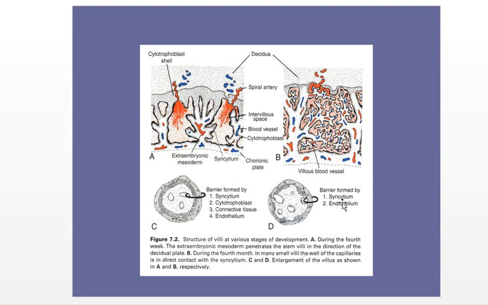As a result, because the maternal blood in the intervillous space is separated from the fetal blood by chorionic derivative, the human placenta is considered to be a hemochorial type.